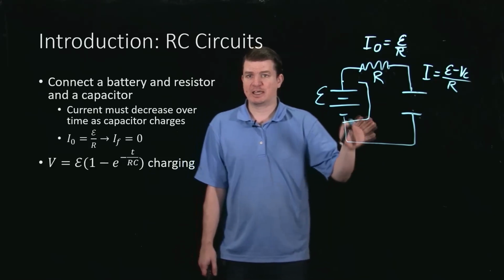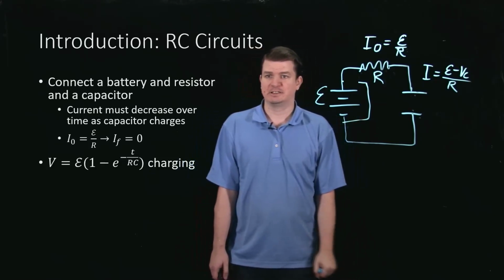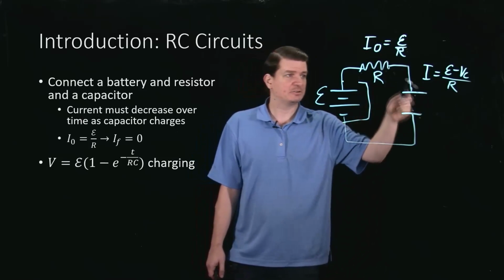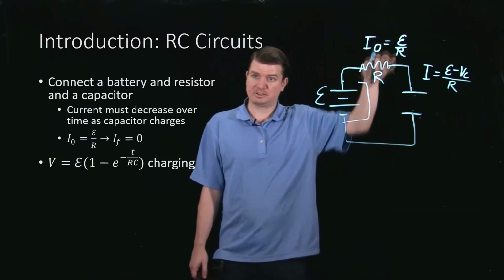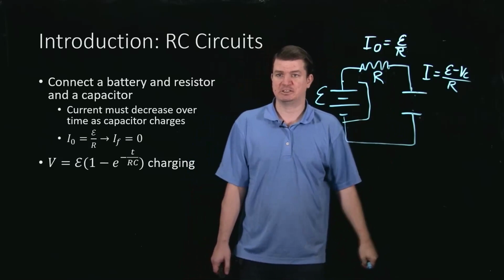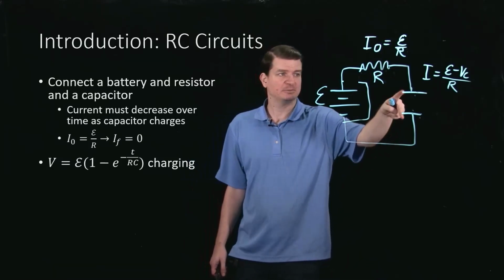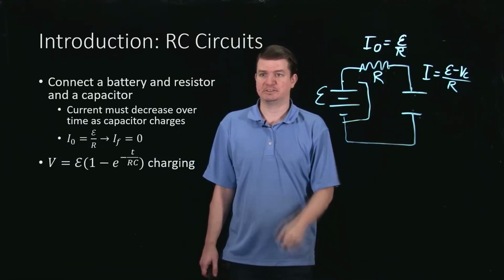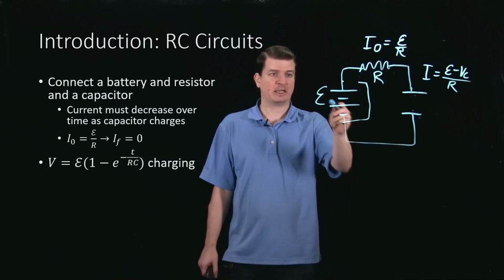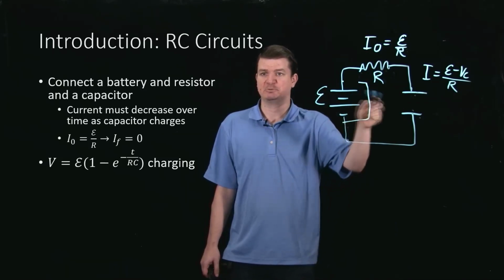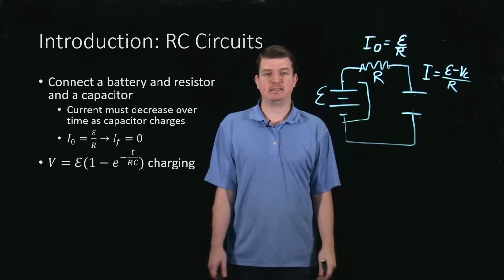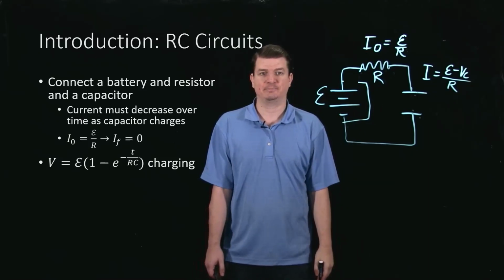The actual way in which the potential across the plates behaves as you're charging is given by this expression here. The potential across the plates at some time t is the EMF of the battery times 1 minus e to the minus t on RC.